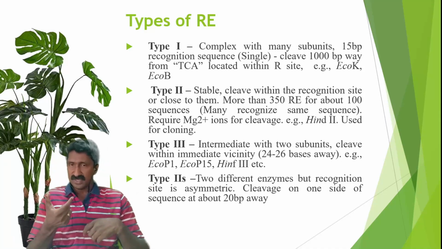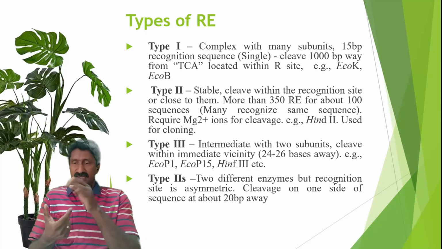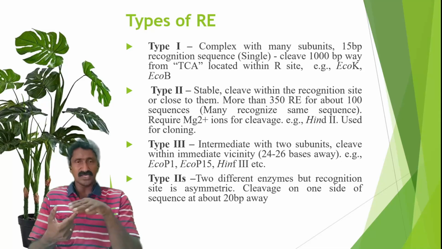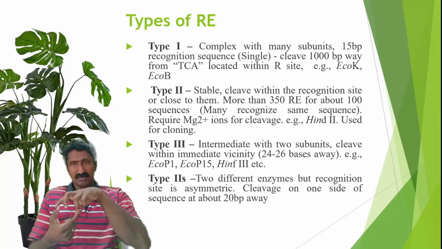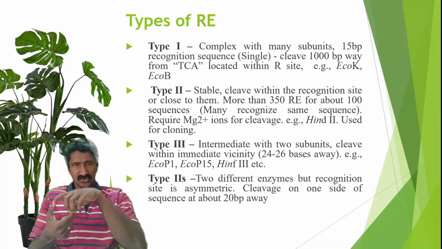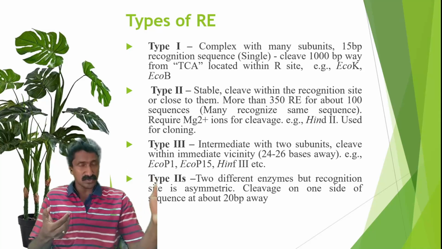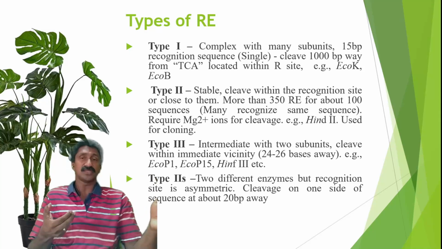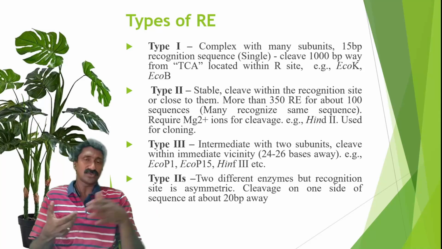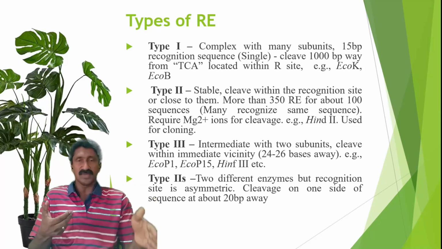So there will be a restriction site, and that restriction site will be about 15 base pairs long. Once the restriction enzyme identifies that site, it will not cleave in between, but it will cleave at a position almost at least 1000 base pairs away. That position will be cleaved.